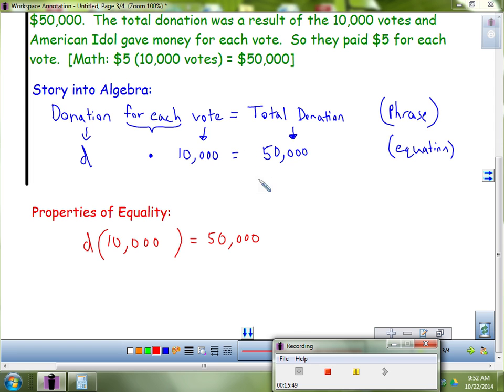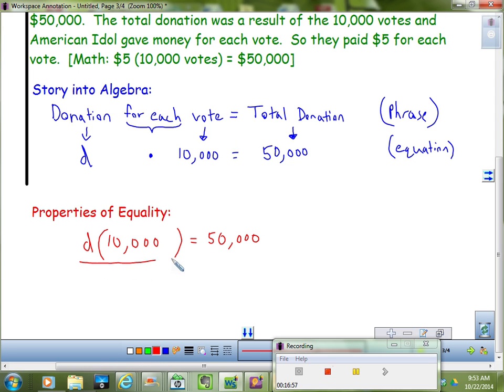So the last part is you exercising the properties of equality. What is the opposite of multiplying by 10,000? So this is what you're familiar with, Jenny. You're familiar with dividing on both sides. And if I want to just find out how much one donation costs, what would I have to divide this 10,000 by?